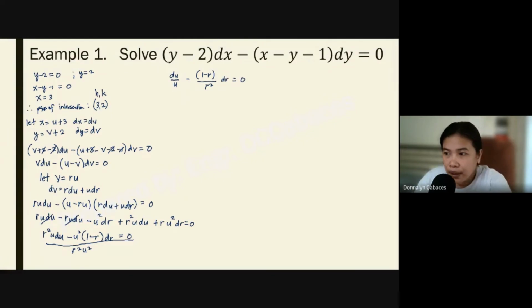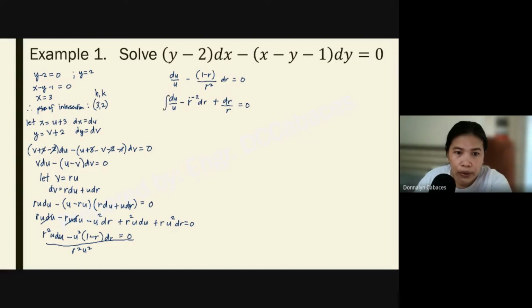So we can take 1 over r squared and negative r over r squared. So you have here du over u minus r to the negative 2 dr plus dr over r is equal to 0.